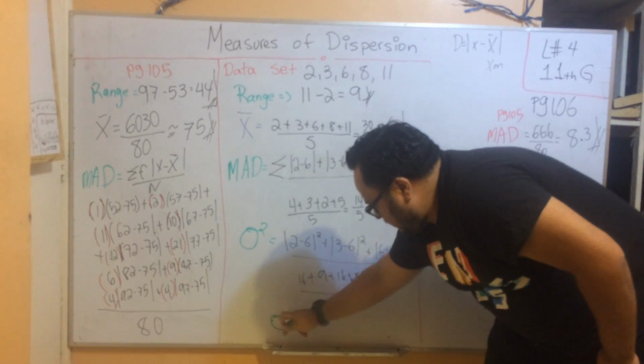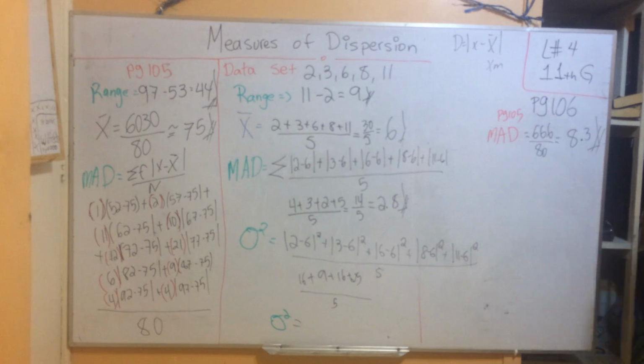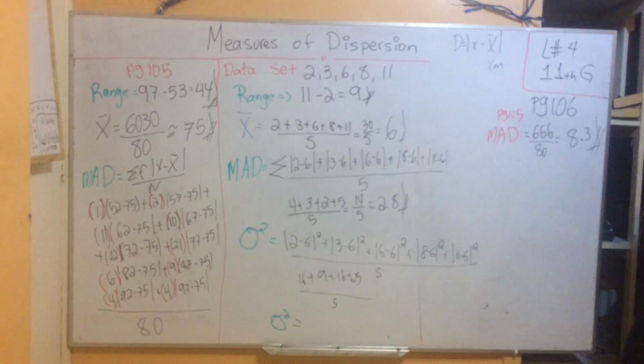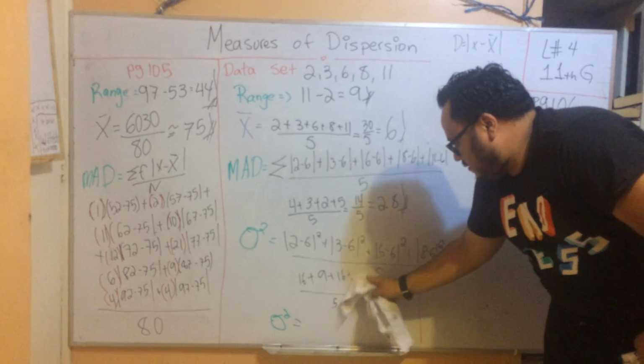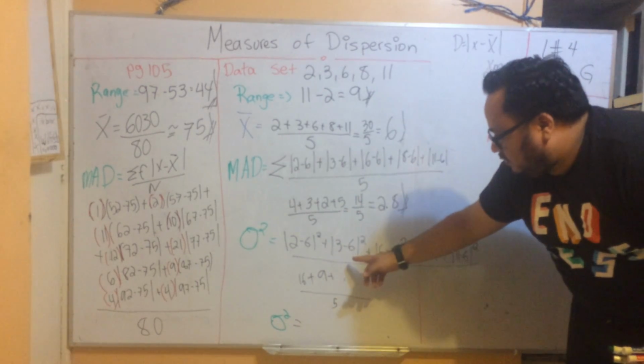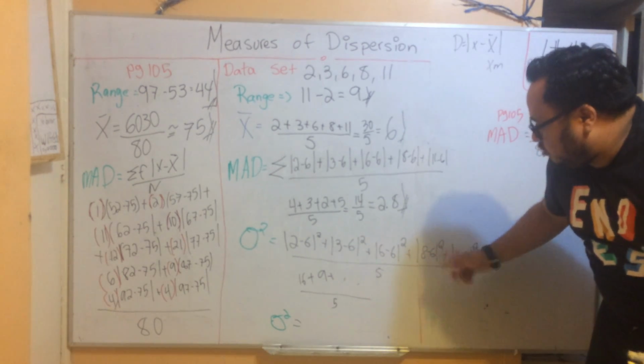So the variance is going to be, take our calculators, 16 plus 9 plus 16. Oh, sorry. This is wrong. Sorry, I was just copying. Okay. So we have this to the square is 0. 2 to the square is 4.